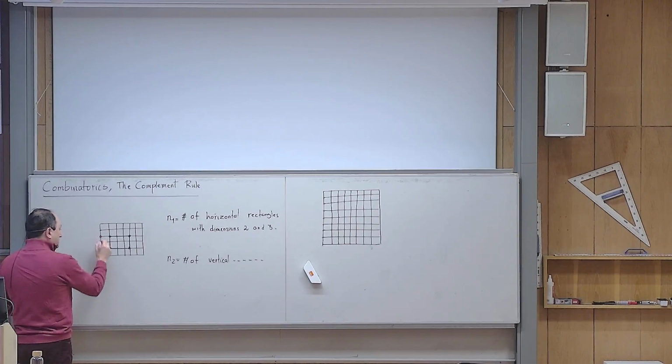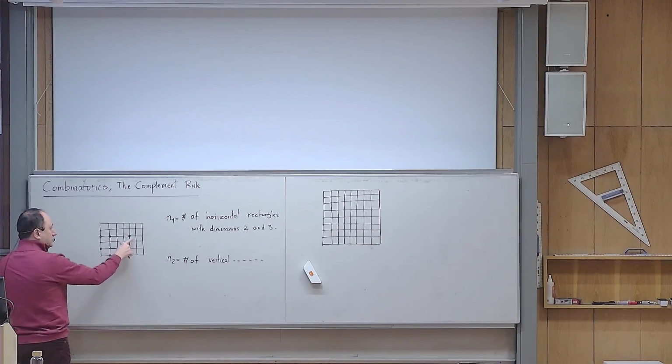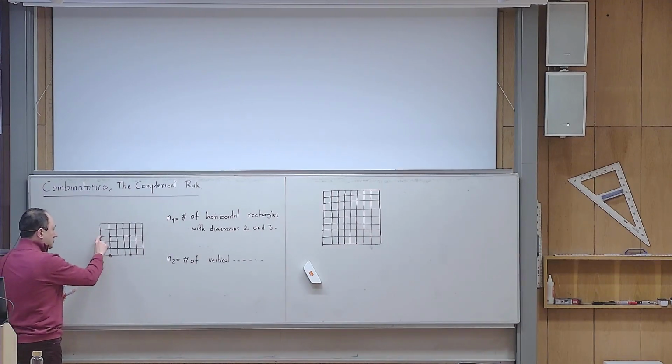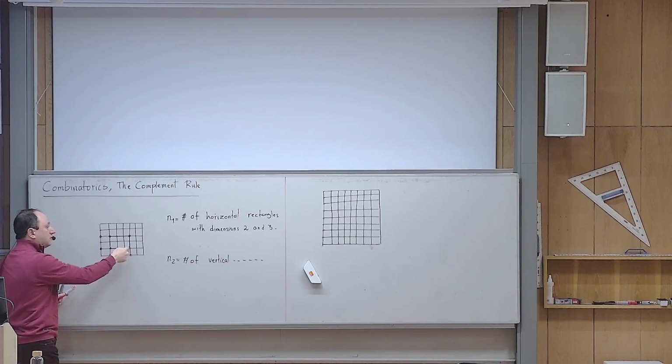If I give you this point and that point, and if I give you this point and that point, then you immediately can draw the blue rectangle yourself. So what matters is to give these 2 points and these 2 points, yes? So I can break down my task of drawing a blue rectangle into 2 stages.